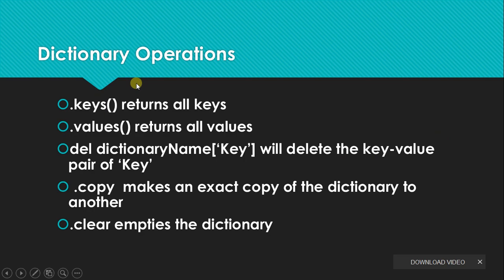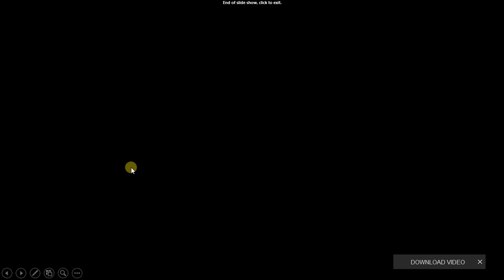And we have the dictionary operations. As we did, we have operations on others, but for dictionary operations, these are just the basic. We have the keys, dot values, del, copy, and clear. So let me just explain them individually. So keys will return to you all the keys.